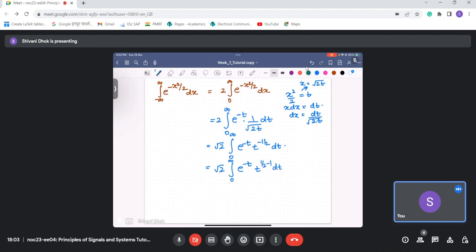This is of the form integral 0 to infinity e power minus t, t power alpha minus 1 dt, which is equal to gamma of alpha. So this entire integration reduces to root 2 into gamma of 1 by 2, and gamma of 1 by 2 is basically equal to root pi. These are standard values, so this reduces to root 2π.